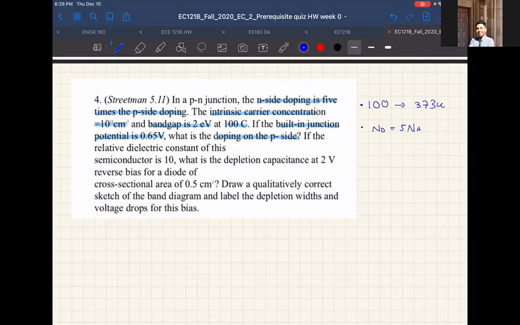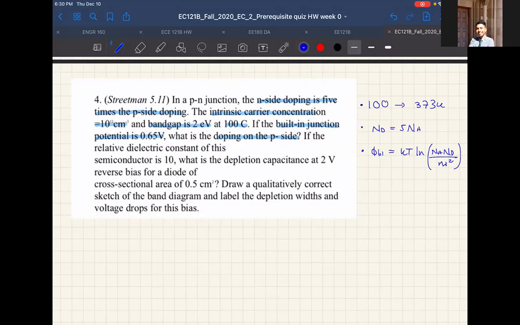Still, I don't know how to solve it, but what I do know is I have the built-in junction potential. I don't expect anyone to know it, but it should be in the formula sheet. The formula for the built-in potential is kT times the ln of NA ND over Ni squared.